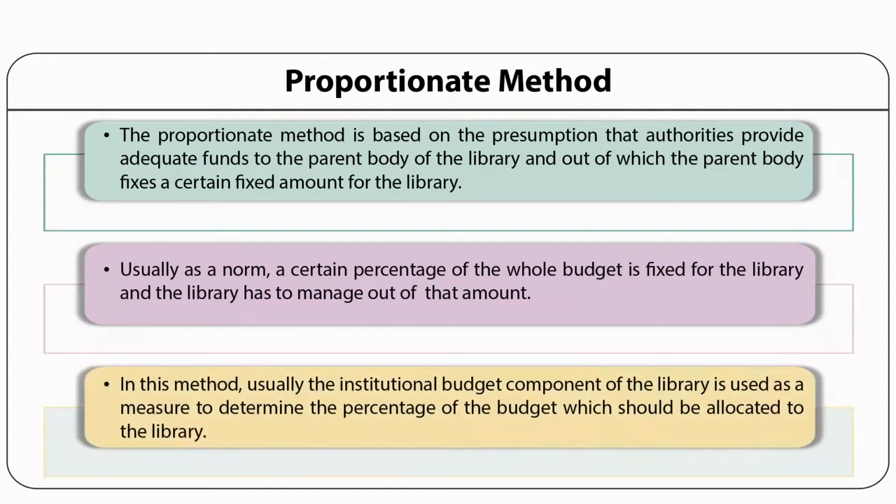In this method, usually the institutional budget component of the library is used as a measure to determine the percentage of the budget which should be allocated to the library. For this, in India, various standards have been recommended. The University Grants Commission has recommended that 6.5% of a university's budget be considered as a reasonable amount to be spent on its library.